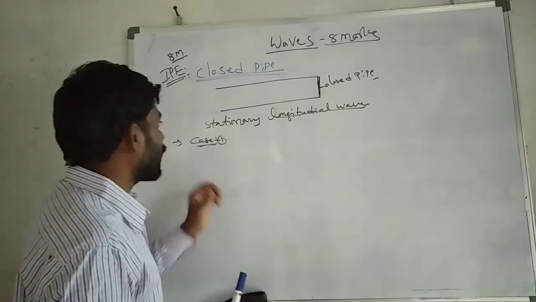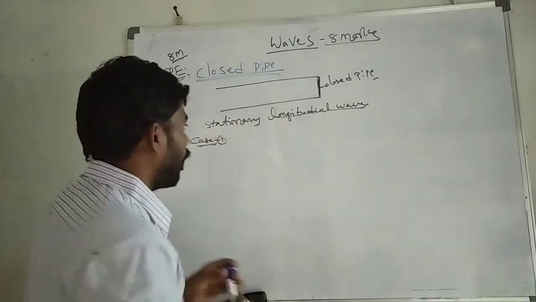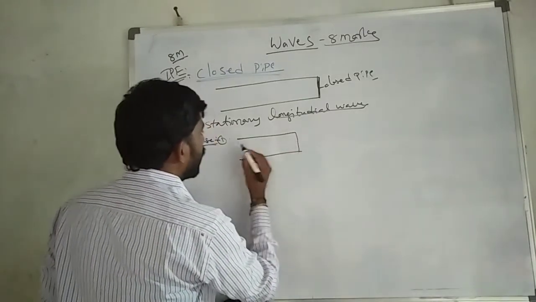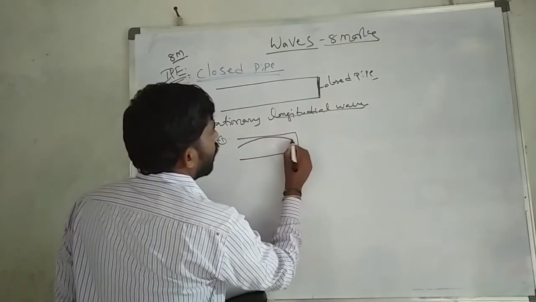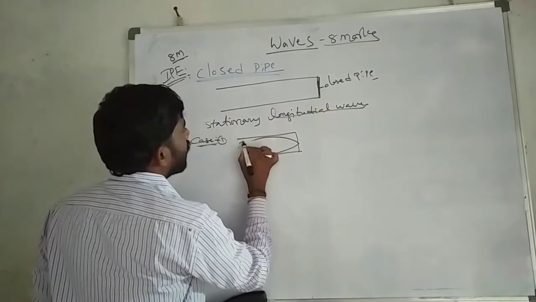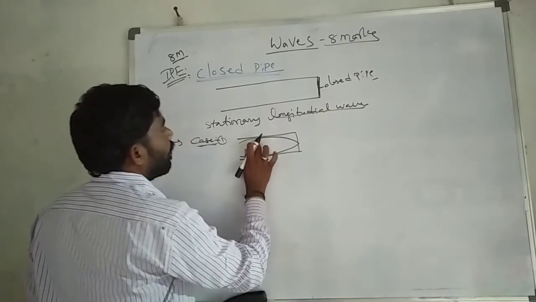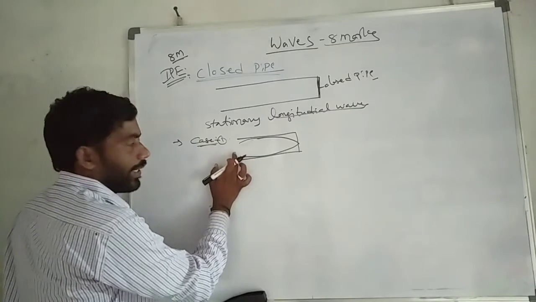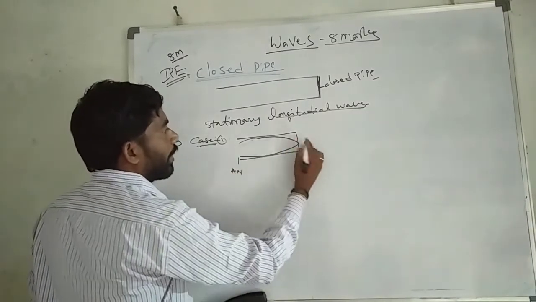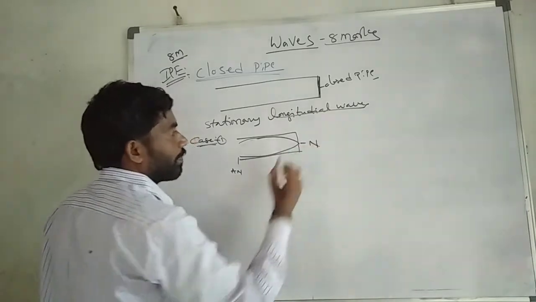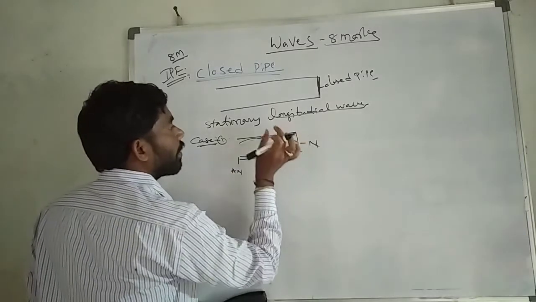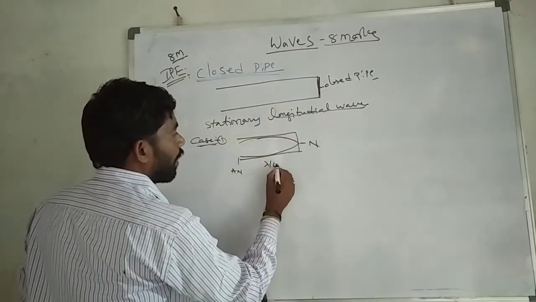In case 1, take the first mode, only the first mode. You already know, at the open side an antinode is formed. At the boundary, a node is formed. The distance between the antinode and node is lambda by 4.